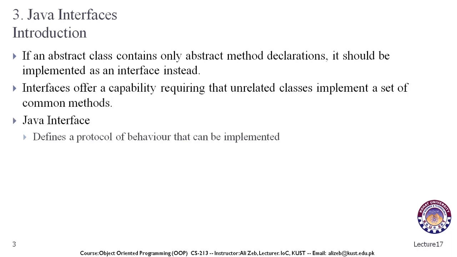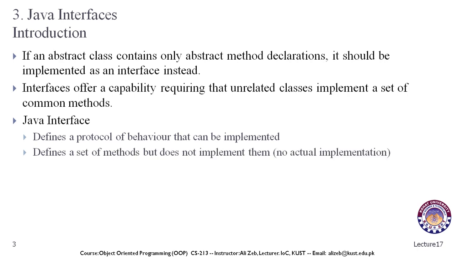A Java interface defines a protocol of behavior that can be implemented. Same like the abstract class, which defined abstract methods that needed to be implemented by the subclasses. In the case of an interface, all of the methods are abstract methods, and all of those methods need to be implemented by the classes that implement that interface.